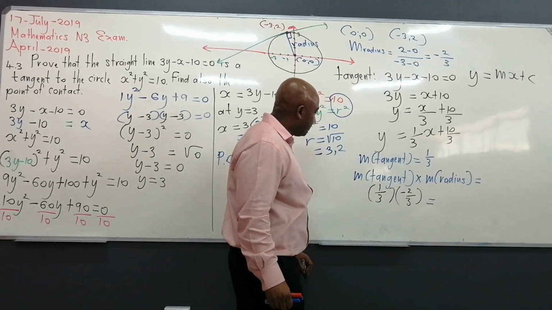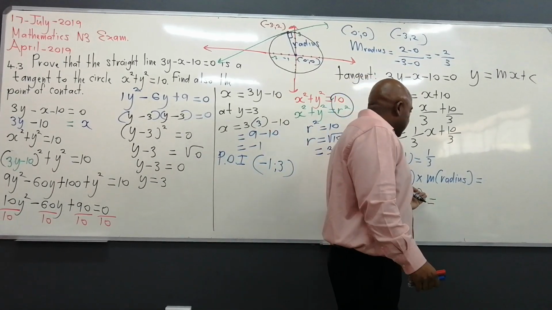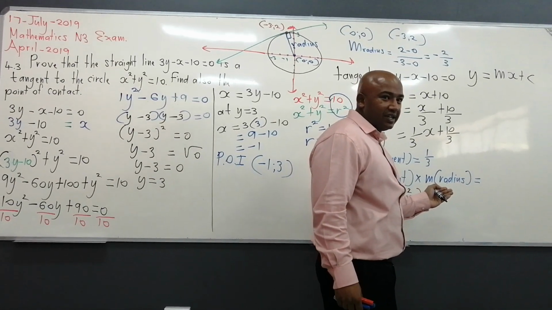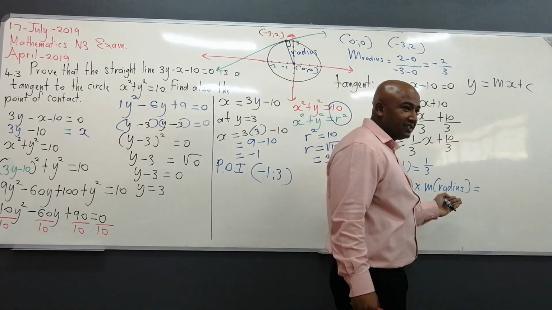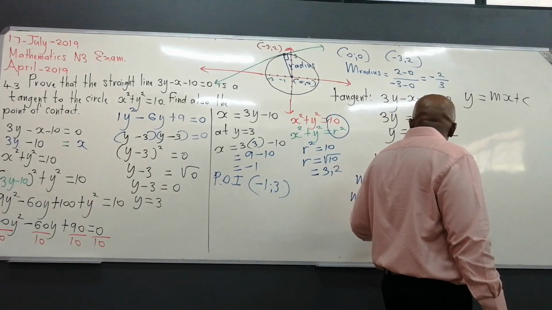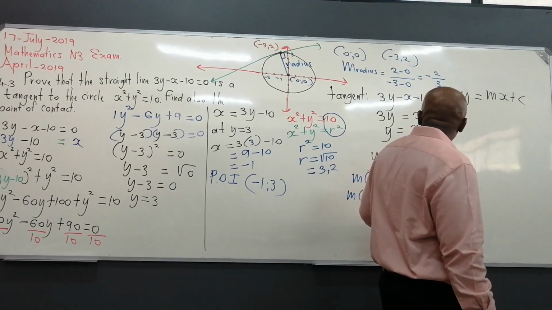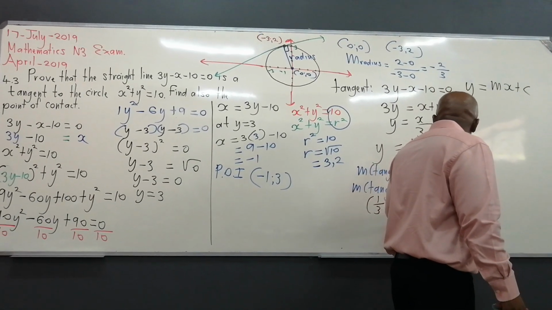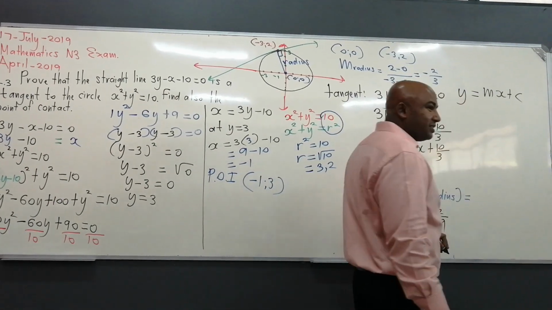Okay. Doesn't look like it's equal to minus 1, yeah? Can you see that? 1 over 3 times minus 2 over 3 is minus 2 over 9.